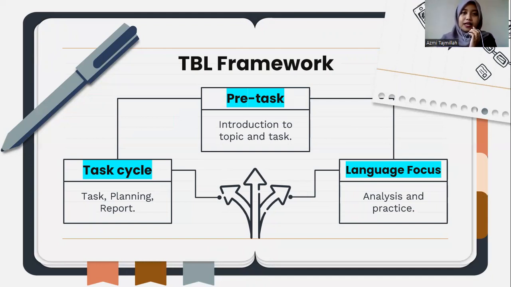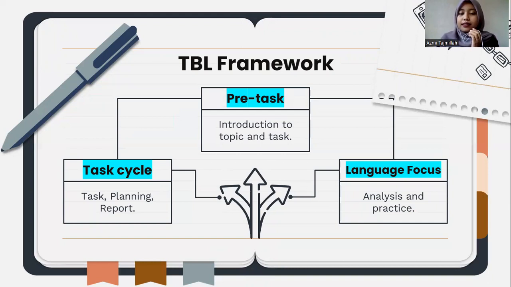For example, how to explain the report in front of class later, and after making a plan, they have to explain the report in front of class, either orally or in writing.